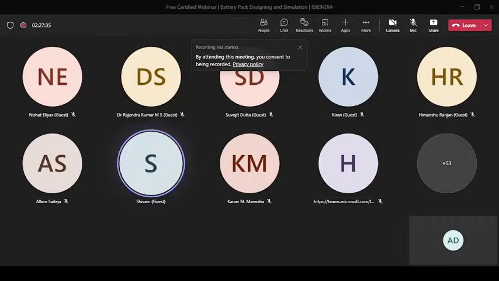The C rating means that if you are discharging 6 ampere of current from that cell, then the complete cell will get discharged within 1 hour. That is the C rating.